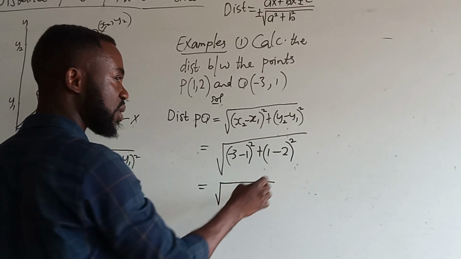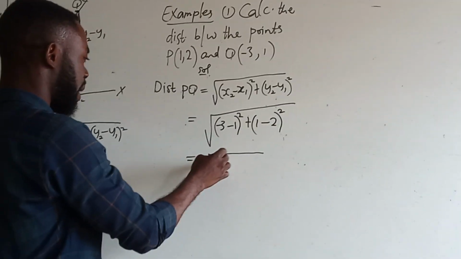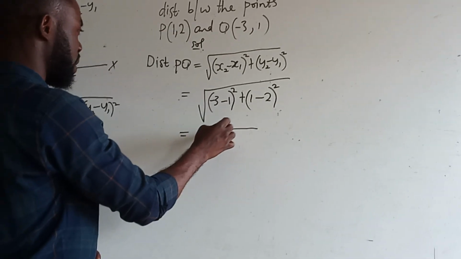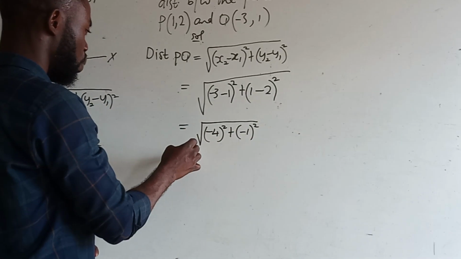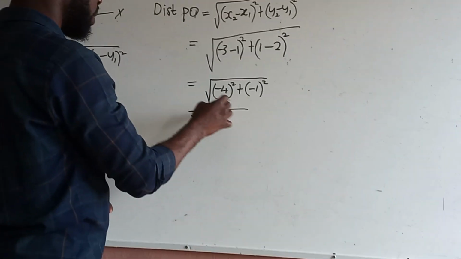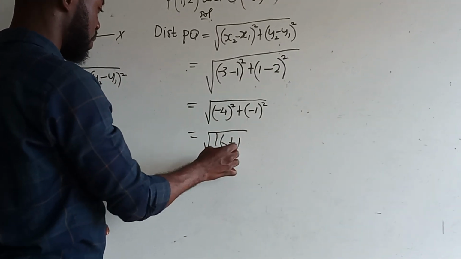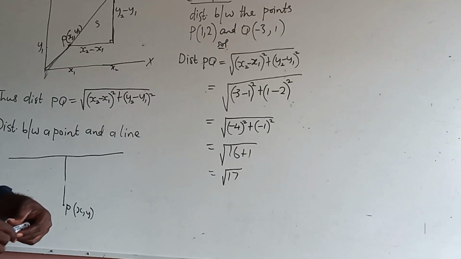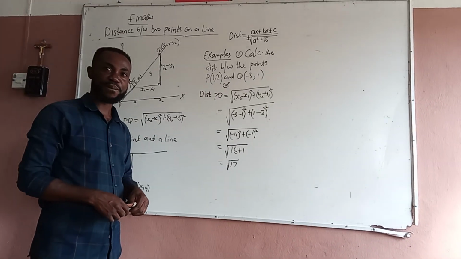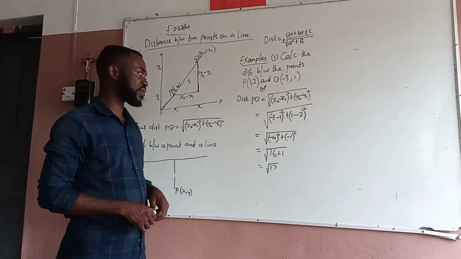That gives us minus 4 squared plus minus 1 squared, which gives 16 plus 1. And that gives the square root of 17. This is the distance between the points. That's how to find the distance between the points.